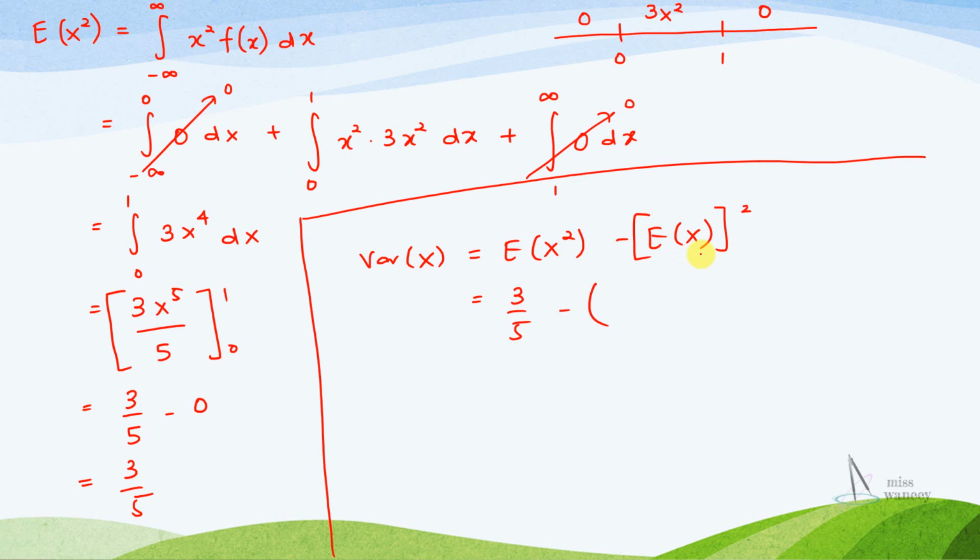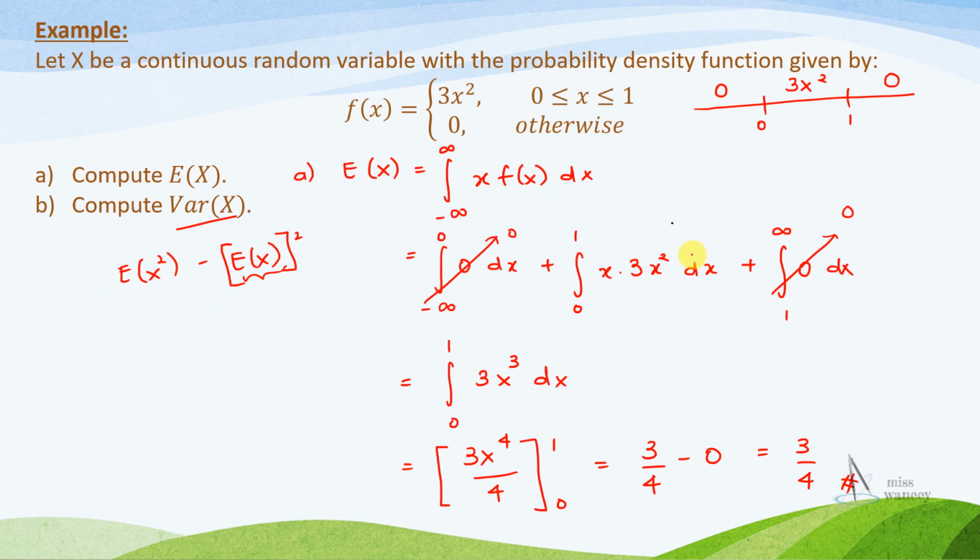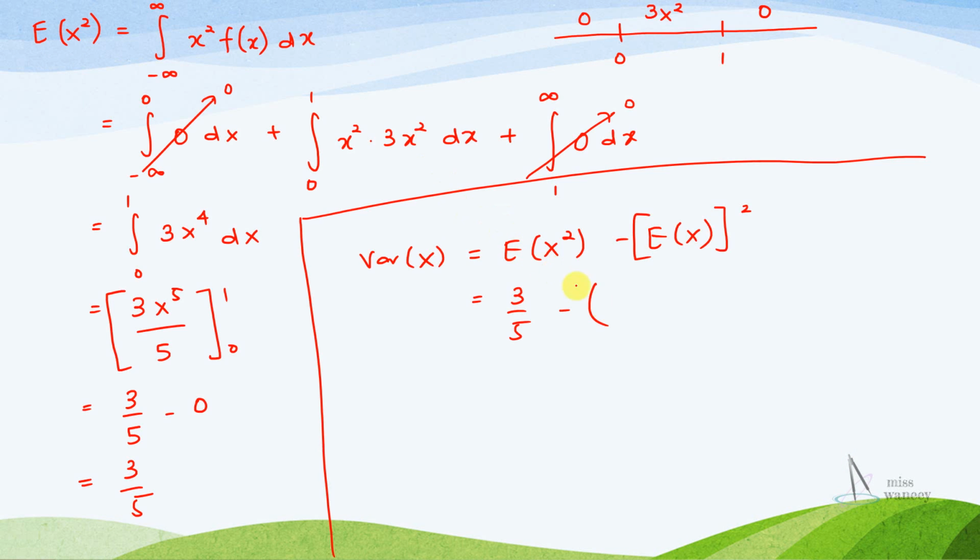Let me go to the previous slide to take the value. The value is 3 over 4, so we have 3 over 4 squared. So this is 3 over 5 minus 9 over 16. Using your calculator, you should be able to see that this is 3 over 80. So this is our variance.